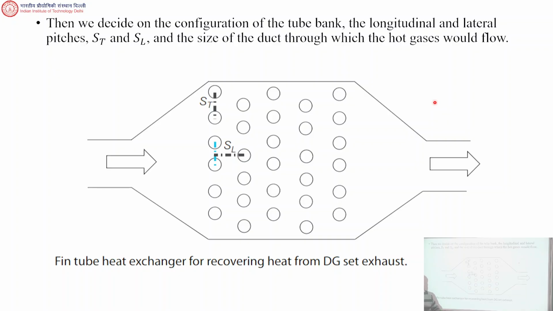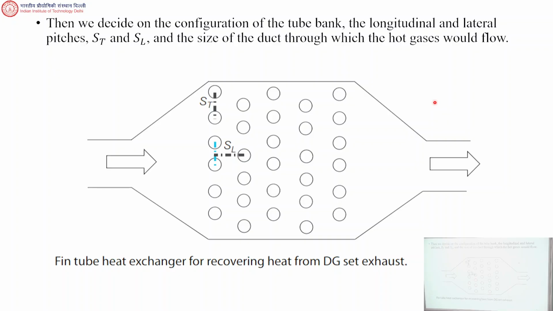Why? Because maybe where the DG set is, at that place we also have a requirement of steam for some other process. Maybe you want to use that steam to dry some fabrics, just as an example. You know, the textile industry uses steam to dry fabrics, things like that. There can be many other applications of steam.